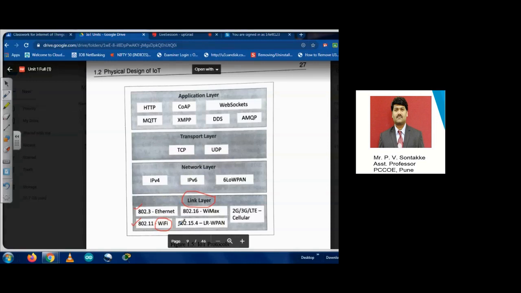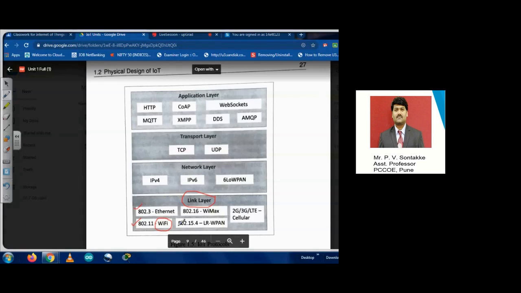For 2.4, you can exchange the data up to 20 Mbps speed. But if I'm using a 5 gigahertz frequency range, it can use up to 40 Mbps of speed. You can check in your Wi-Fi router also by selecting an appropriate channel. Got it?